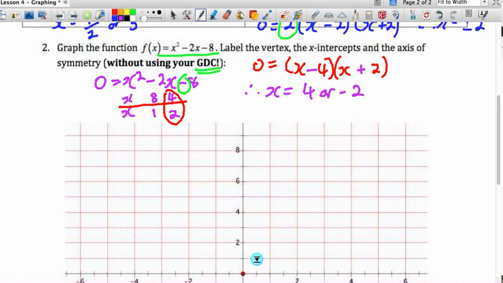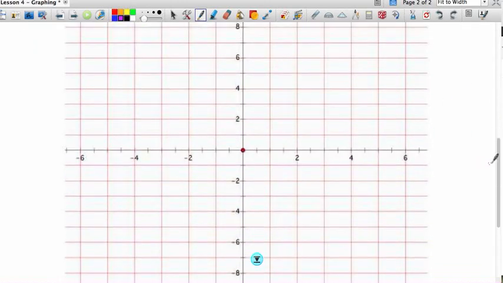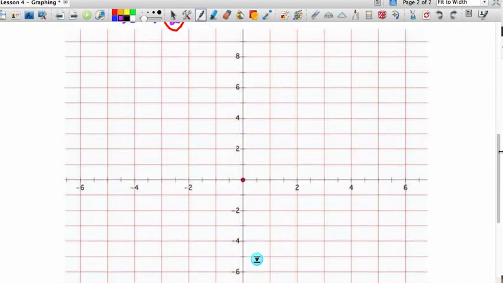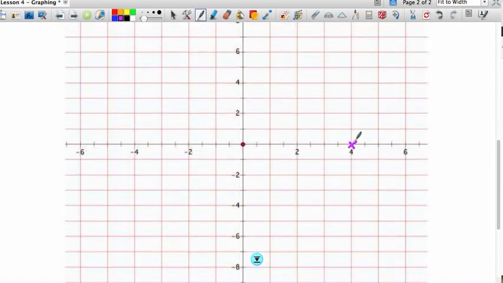And so what we're going to do at this point is now use the symmetry of the graph. So if we graph our two x-intercepts, one of them at 4, one of them at minus 2.